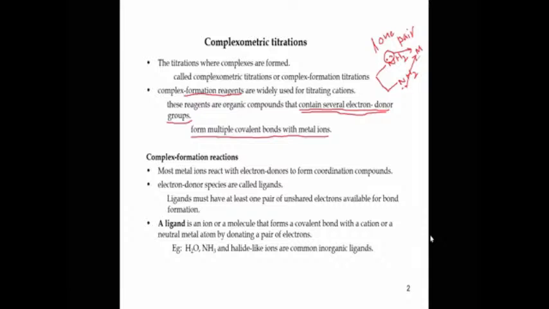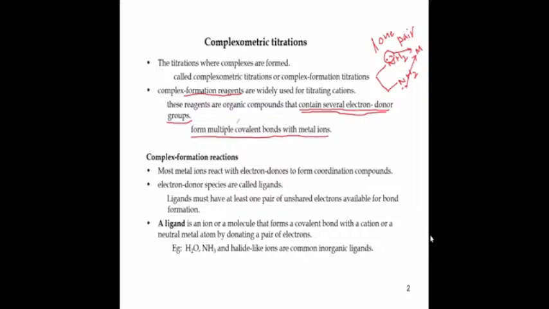So the metal ion can accommodate electrons from the donor group, and finally you get a bond formation between that electron donor group and the metal ion, right? The bonds are covalent bonds.